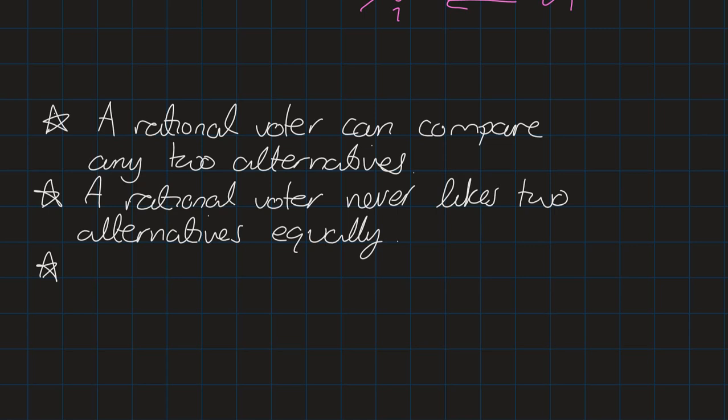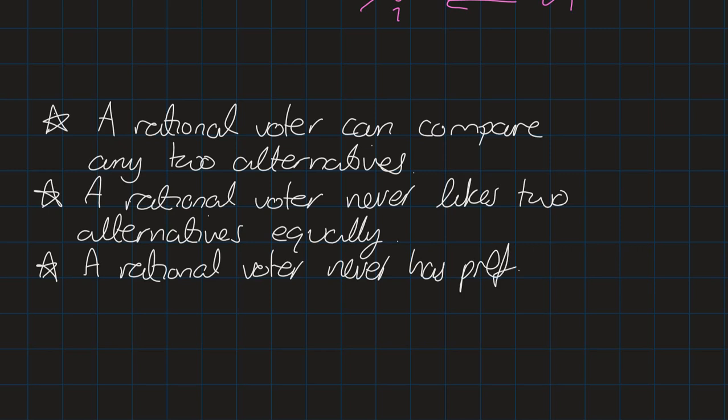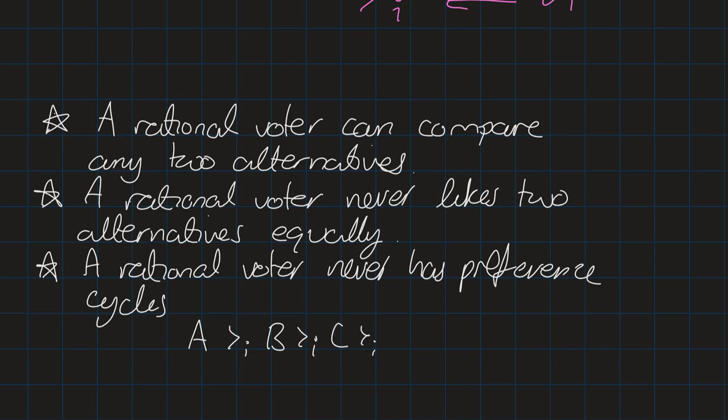And finally, they never have preference cycles. What I mean by that is you never get situations like A is preferred over B, is preferred over C, is preferred over A. This never happens.